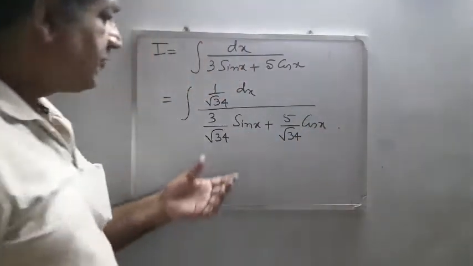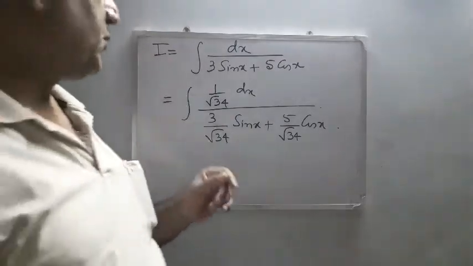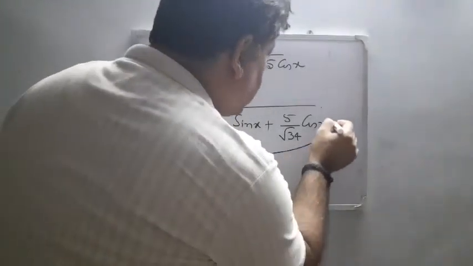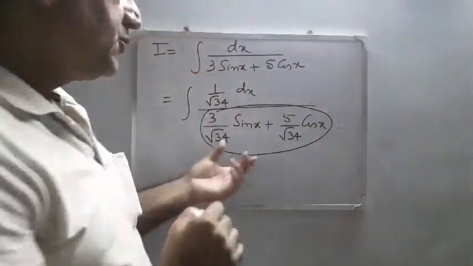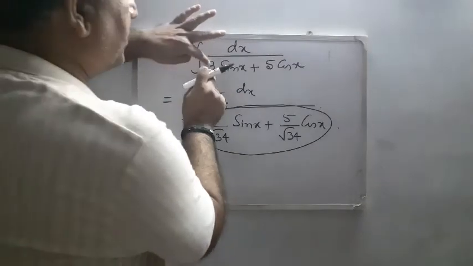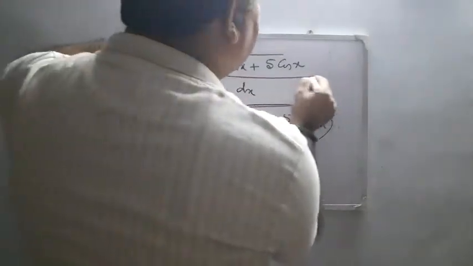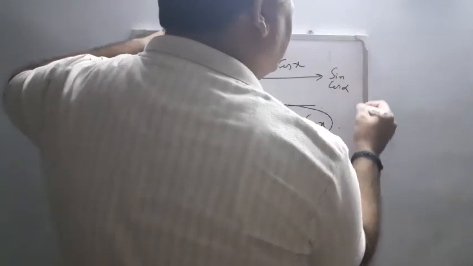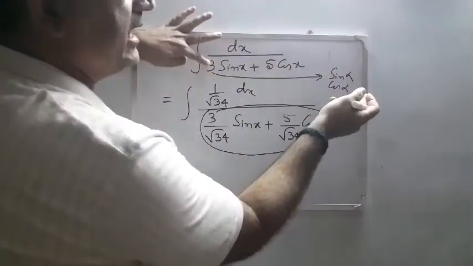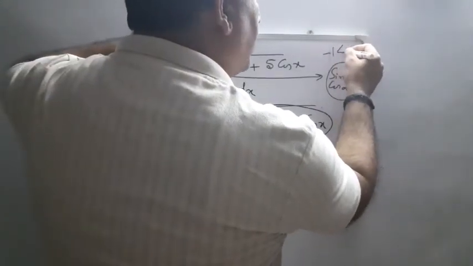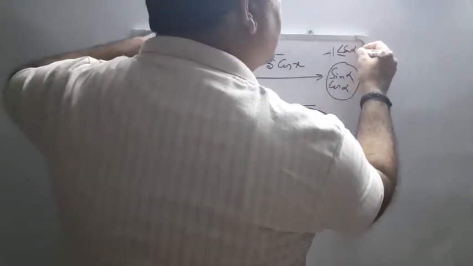Now after dividing it by root a square plus b square, we will try to adjust this denominator using compound angles. Now how to apply compound angles here? Here you see 3. So this 3 cannot be directly taken as sine or cos of an angle. You can't take this 3 as sine alpha, because the range must lie between -1 to 1.